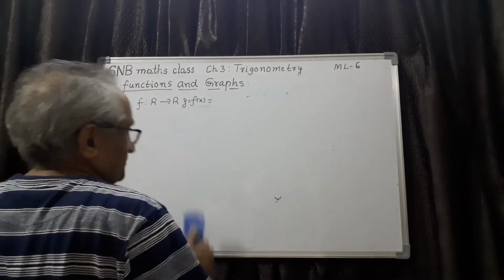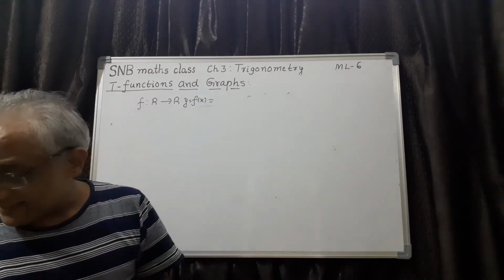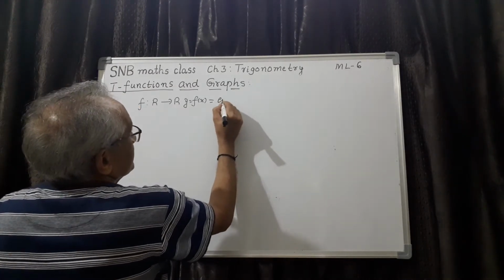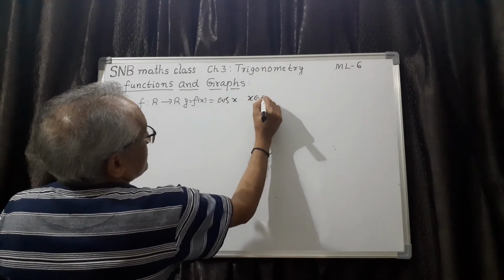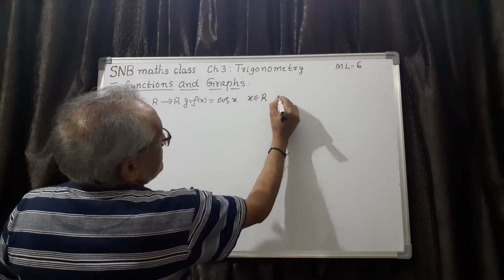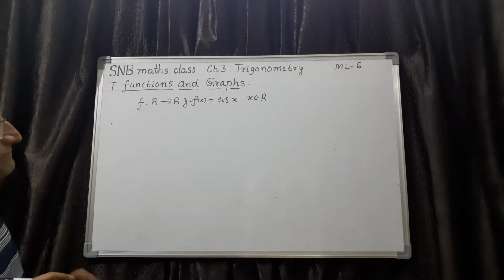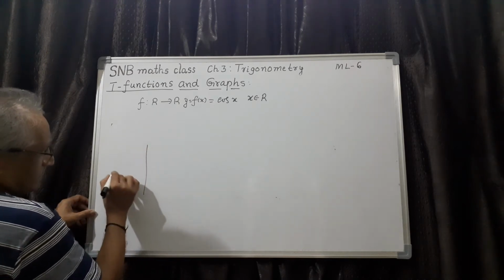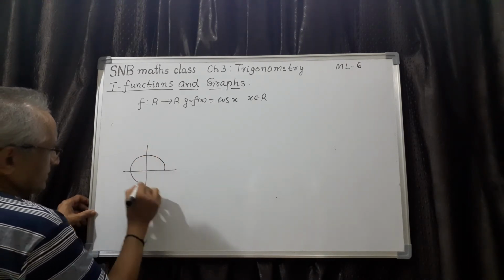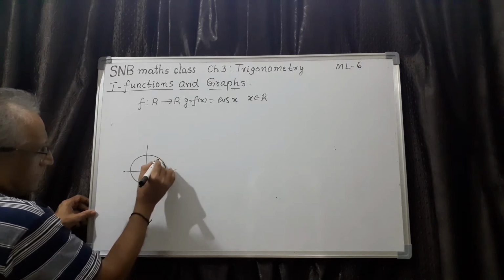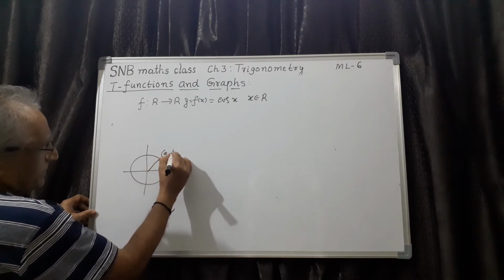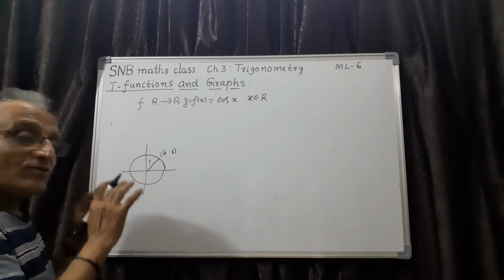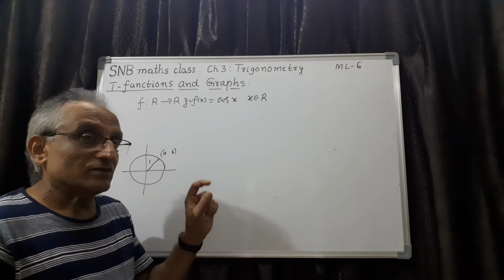Here also, once you understand the sin x graph, I need not explain much about the cos x graph. Let us take cos x, x belonging to R, and this is the function. Here also the same thing. If you take a unit circle and a radius, say here AB, this A also cannot be more than 1 because this is the maximum value. So the range of cos x is also from -1 to +1 only.